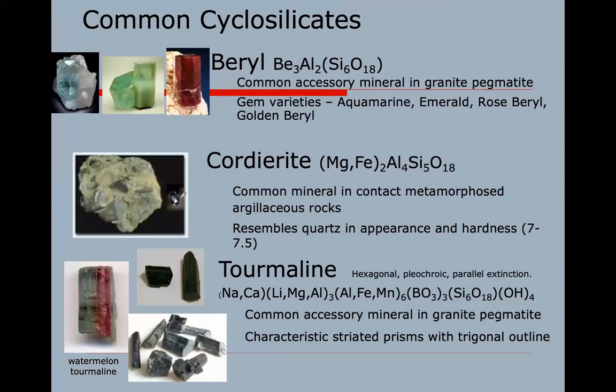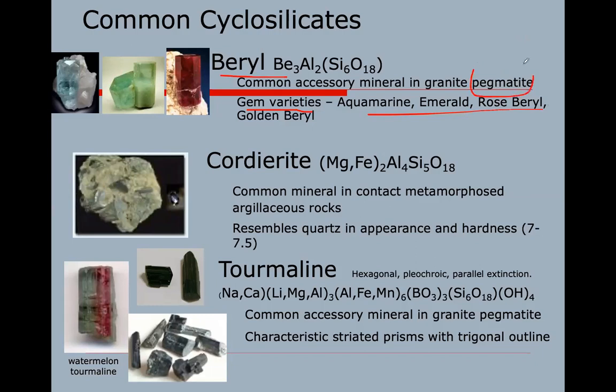So beryl is one of the examples. Have you heard of beryl? Beryl is also found in the form of gem varieties, like these gems, right? It's a common accessory mineral in igneous rocks, particularly in pegmatite.